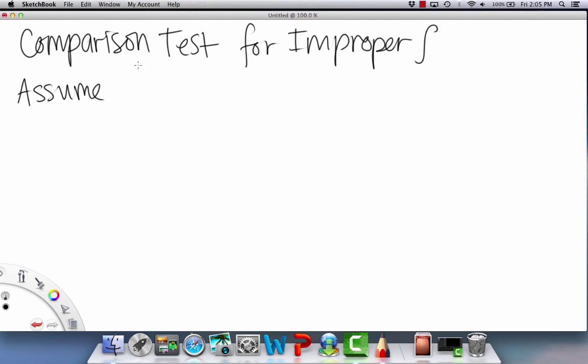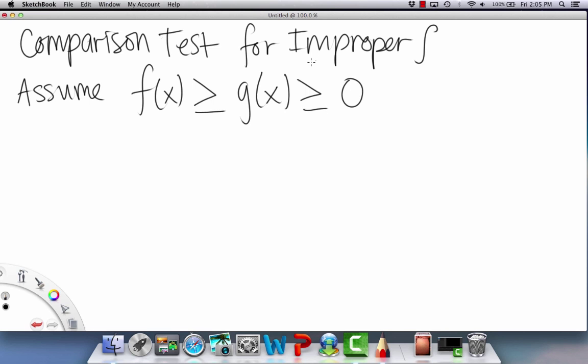So we're assuming that some function, f of x, is greater than or equal to g of x, which is also greater than or equal to 0. This 0 means some function like y equals 0, which would just be the x-axis. Here's x and here's y equals 0.